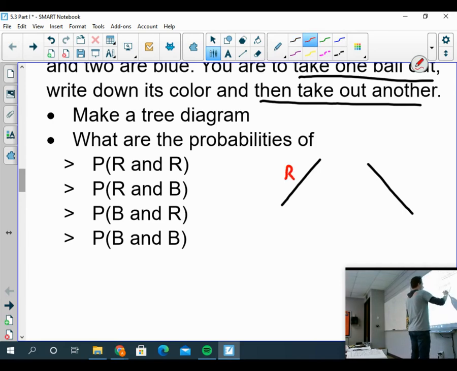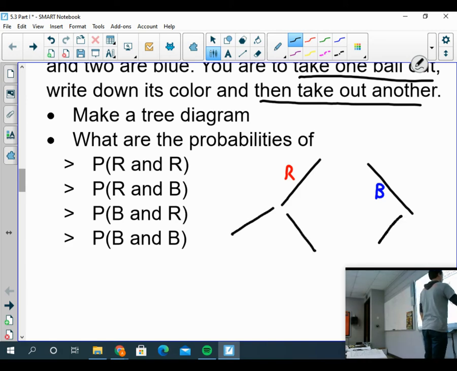We could have a red ball or a blue ball. And then after you select the first ball, you again have a second level with 2 options because you're taking out another ball. A red ball or a blue ball. Okay, so this will be my tree diagram.